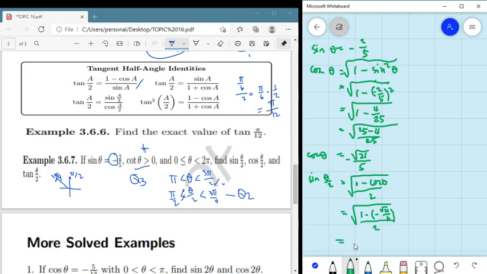So the numerator now becomes 1 plus, 5 plus square root of 21 over 5 times 1/2. So it becomes the square root of 5 plus square root of 21 over 10.